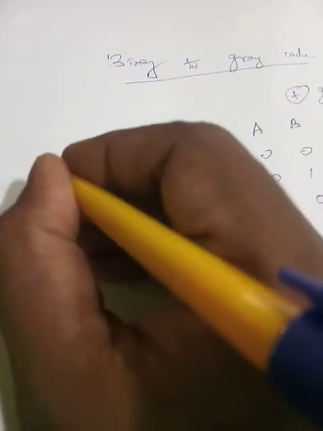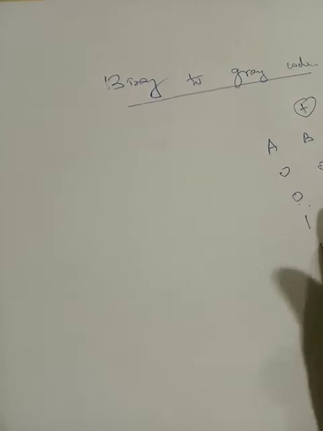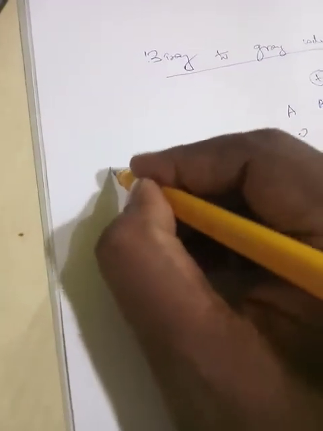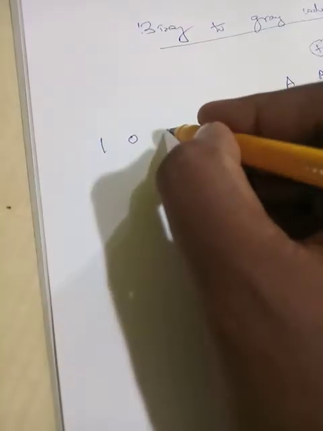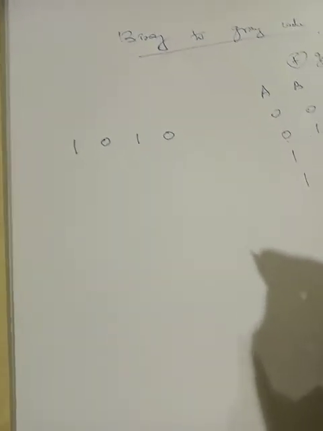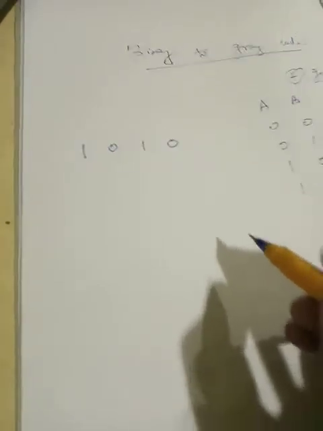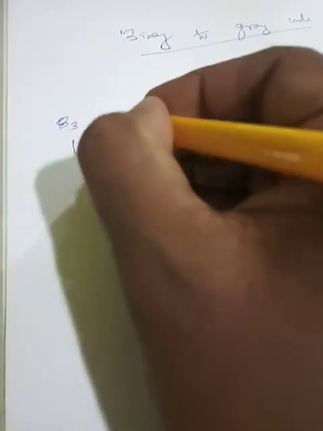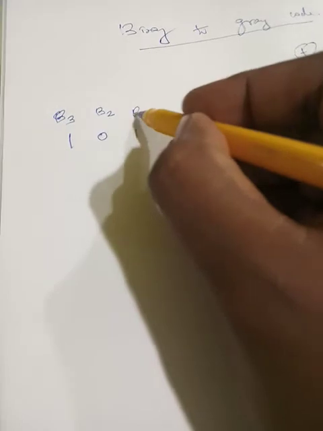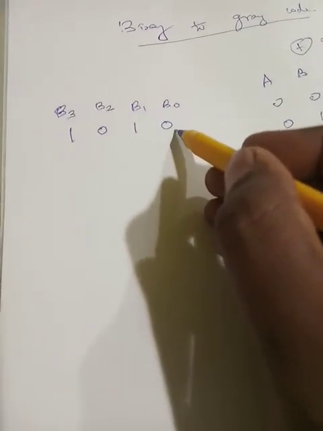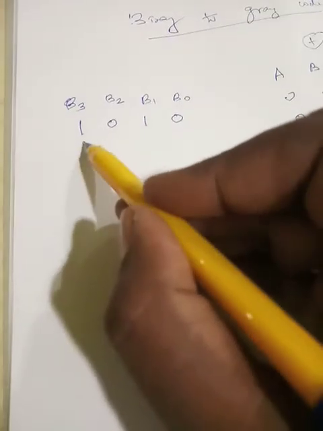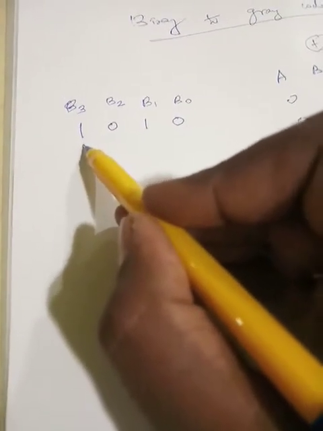So for example, take a 4-bit binary number 1010. How can we convert this 1010 into gray code? This is your B3, B2, B1 and B0. B0 is the LSB, least significant bit, and B3 is the most significant bit, MSB.